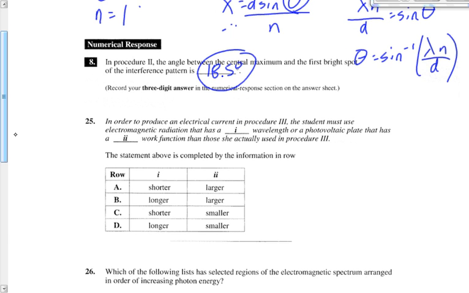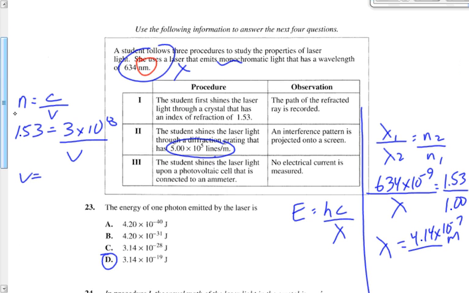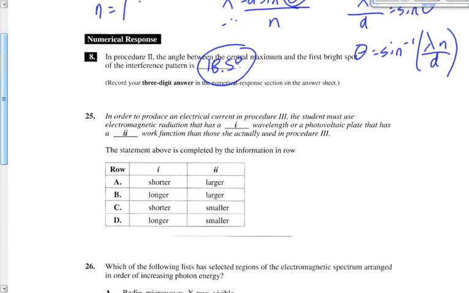In order to produce an electric current in procedure 3, the student must use radiation that has a blank wavelength. Okay, so we want to produce a current. If we want to do that, we need either a higher frequency or a, who knows the answer to this, higher frequency or a smaller wavelength, right? Remember, min frequency, threshold frequency, max wavelength.